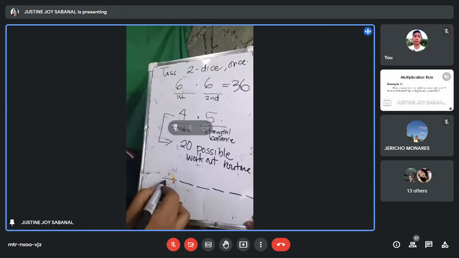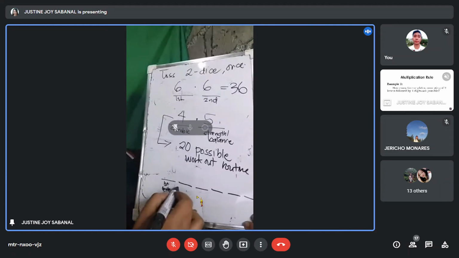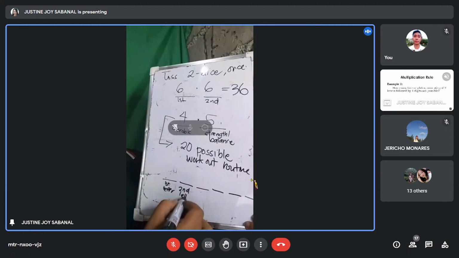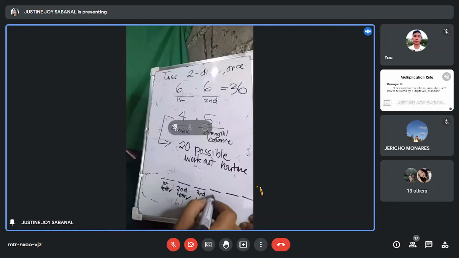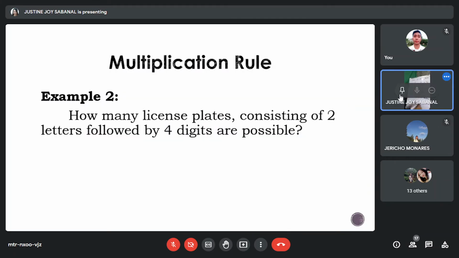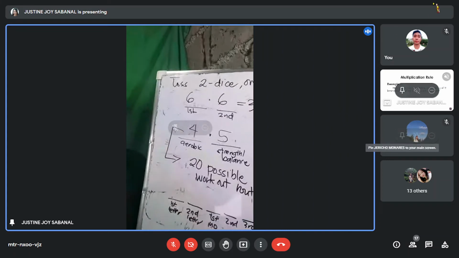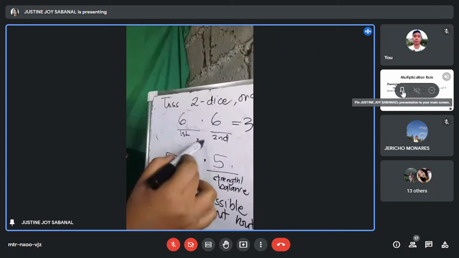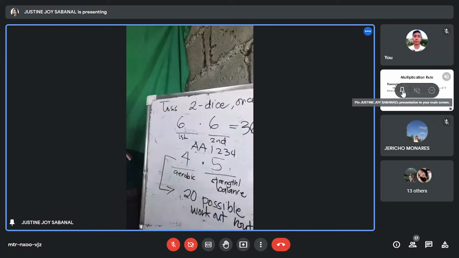So, after nyan, etong first letter, lagay lang natin. Second letter, third letter, first number, second number, third number, and fourth number. So, dito, check muna natin. Pwede ba sa mga license plate na maulit yung mga letters? Kunwari, A, tapos 1, 2, 3, 4.